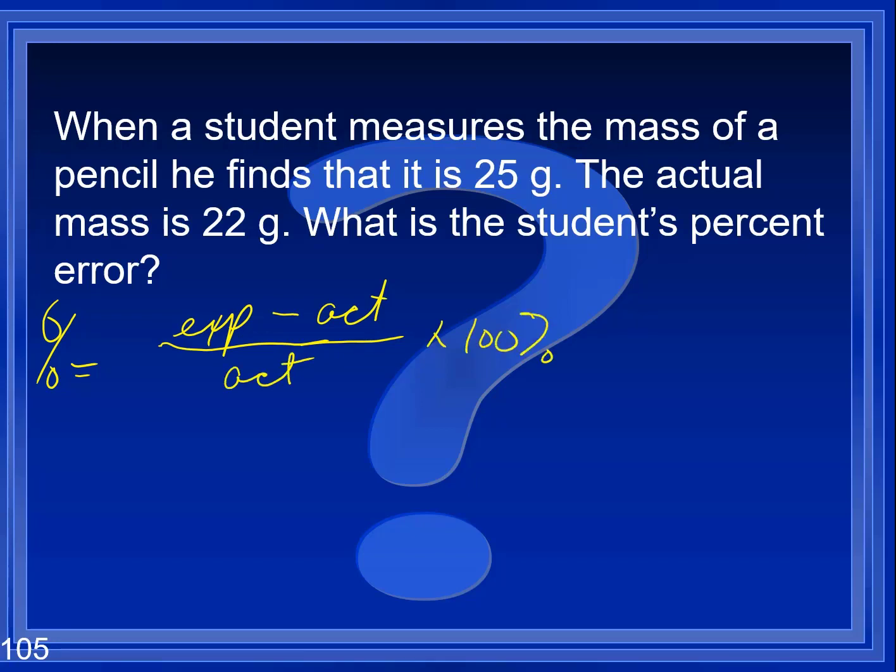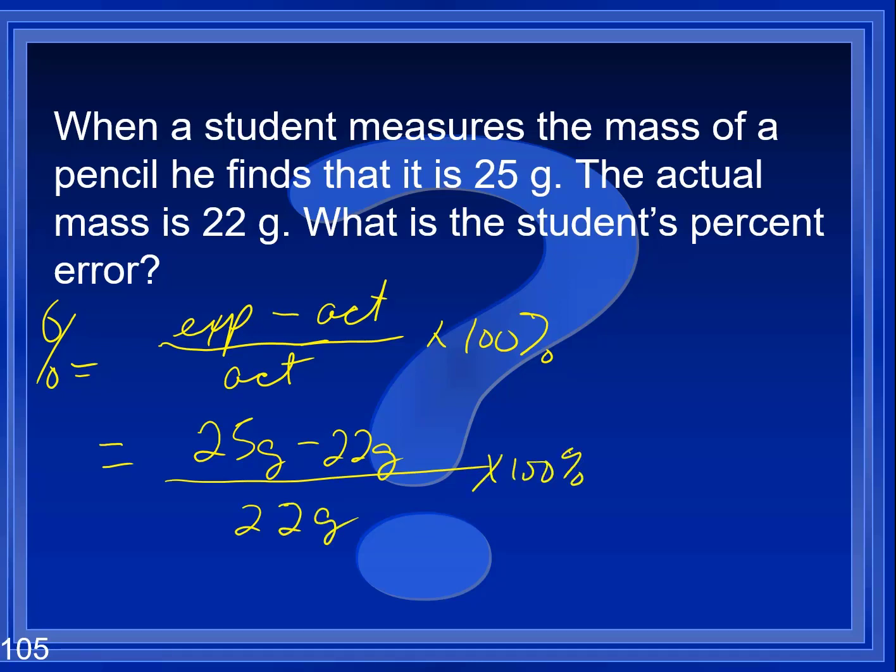So it's experimental minus actual over actual times 100%. So the experimental value, when he measured it, he found it was 25 grams minus the actual, which was 22 grams, divided by the actual, which was 22 grams, times 100%.